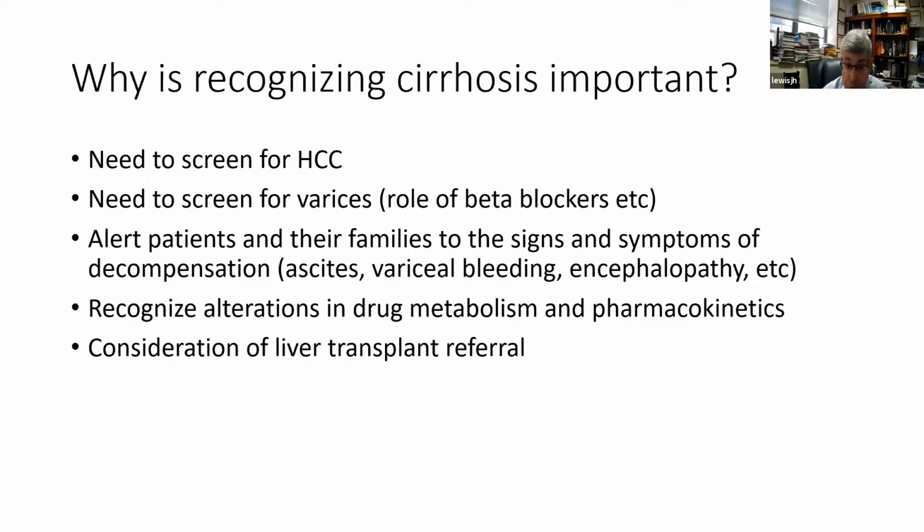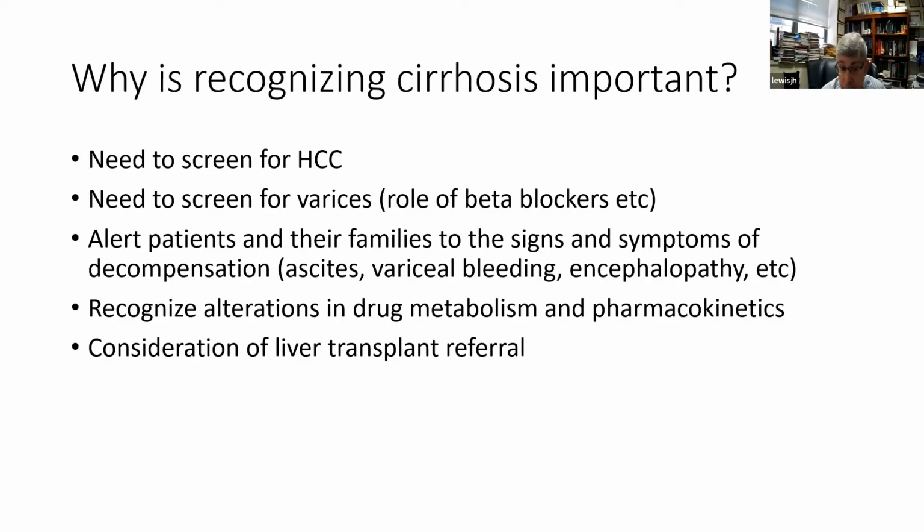If they have cirrhosis, we need to screen them for esophageal varices. They may need beta blocker therapy at that point. We sit down with the patients and tell them the warning signs of decompensation, if they develop ascites, GI bleeding, encephalopathy, etc. And then obviously there are drug-drug interactions and differences in drug metabolism and pharmacokinetics that affect many of the drugs that cirrhotic patients may take, and we need to understand those.